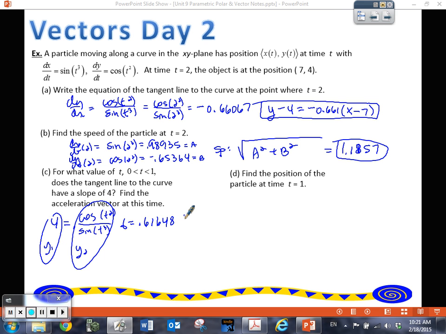This question asks us for the acceleration vector at this time. Now, yes, we can do this by hand. We can take the derivative of the first derivative and substitute in this number. But I would encourage you to use your calculator for this. I'm going to pull up my calculator and just go through it. You probably already know how to do this, but I just want to demonstrate.